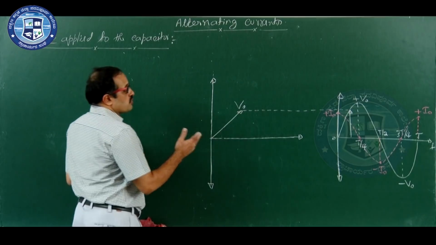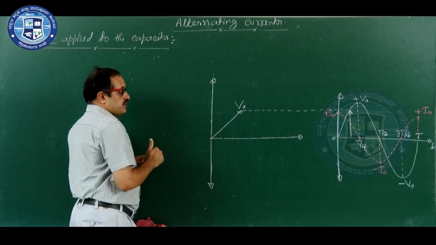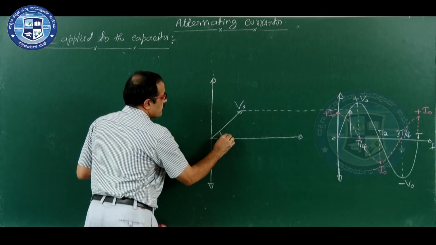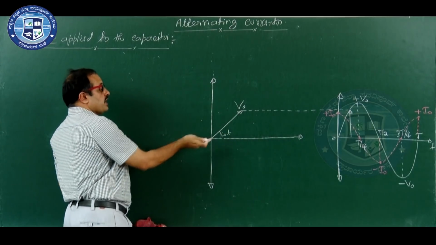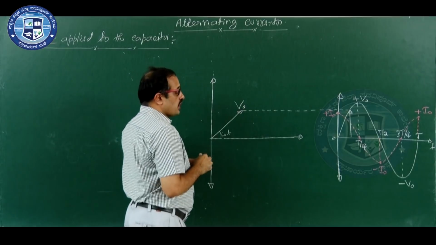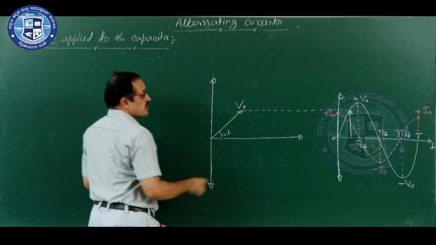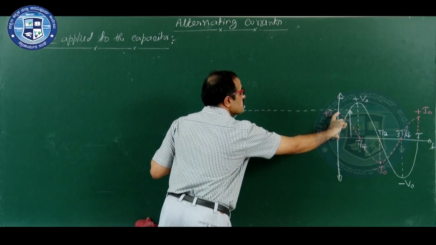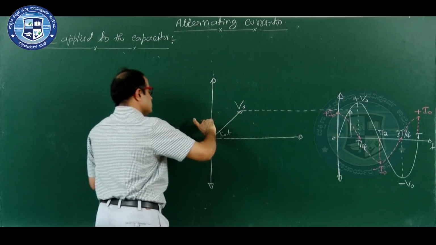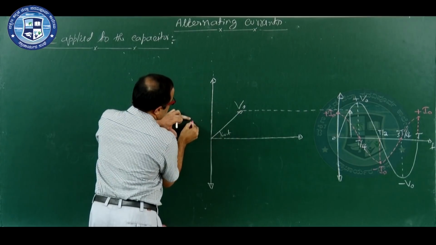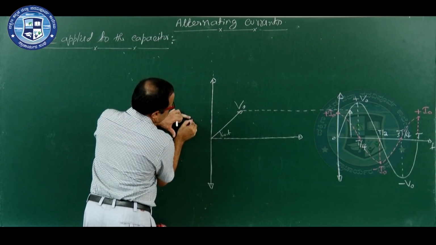Now, what about current? Current is 90 degree ahead. Therefore, this is omega t, 90 degree ahead, omega t plus pi by 2. Therefore, it must be in this quadrant, 90 degree ahead, and its length must be I naught. Therefore, this is I naught, take the same length. So, this is I naught.